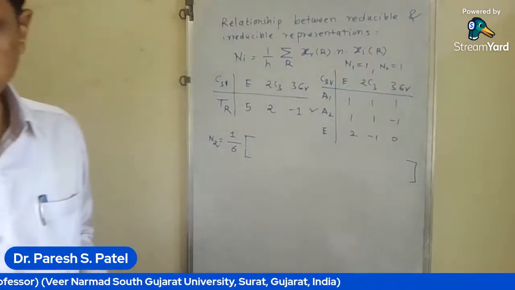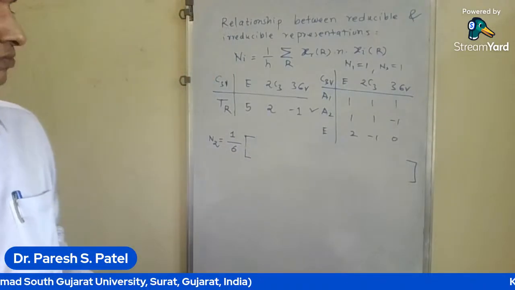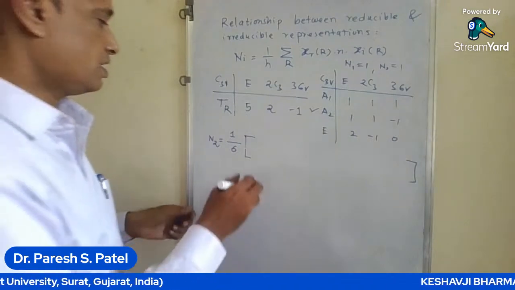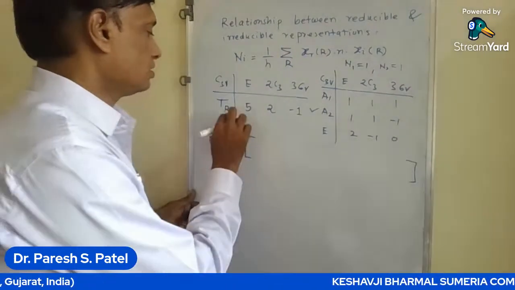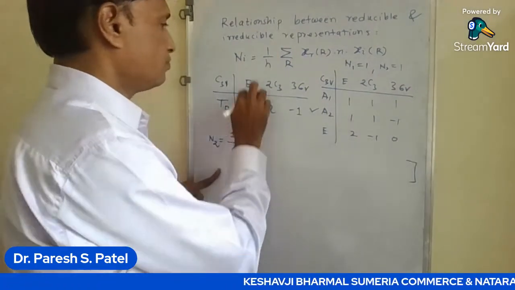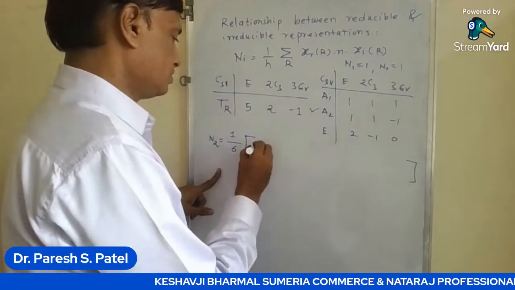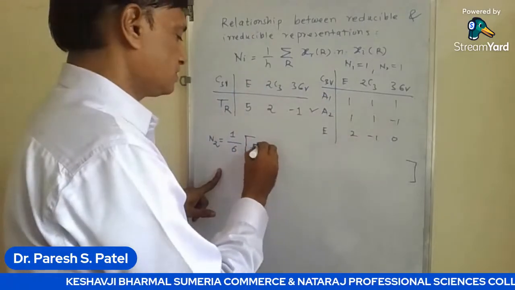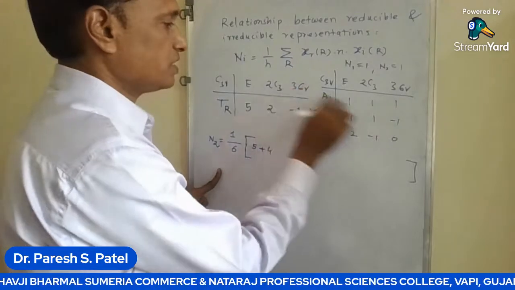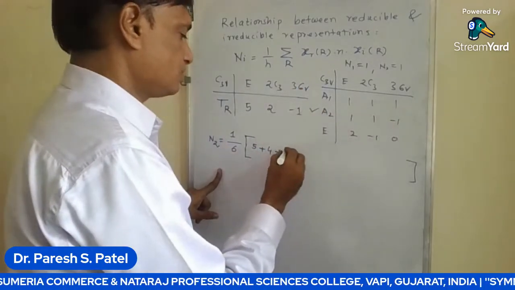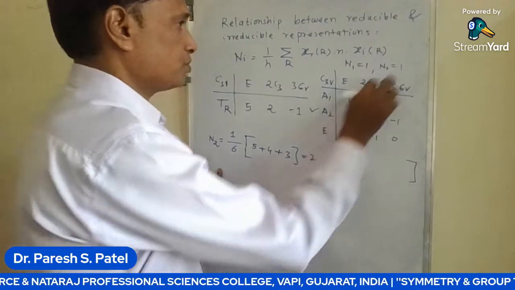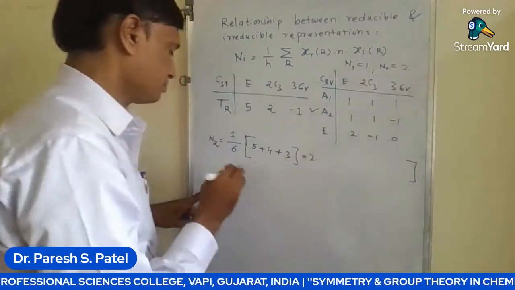Just a minute, n2: 5, 1, 1, 5; 2, 2, 1, it means plus 4; here minus 1, 3, minus 1, so minus 3. Then 5 plus 4 plus 3 is equal to 12, divided by 6 is 2. So n2 is equal to 2.